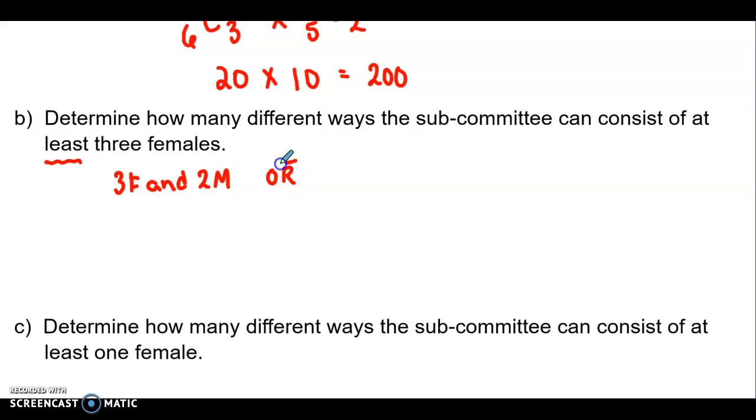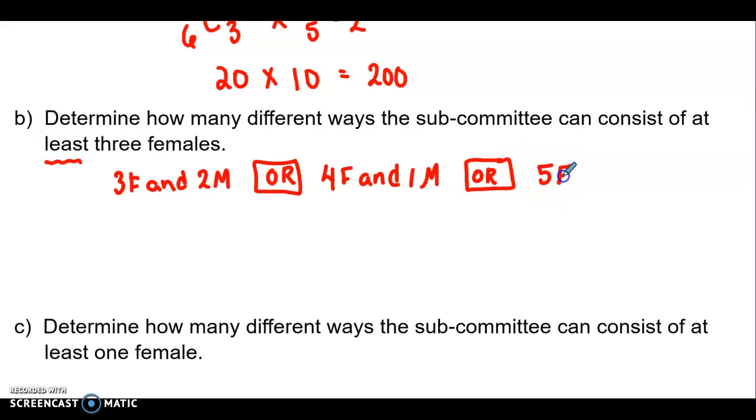Or we can have a committee with 4 females and 1 male. Or, case 3, we can have 5 females and 0 males to make up the 5-person committee.